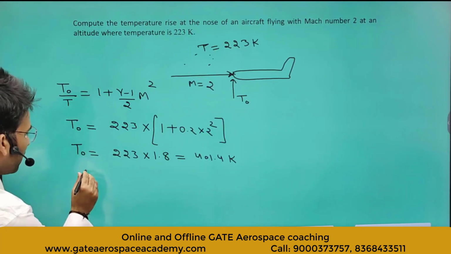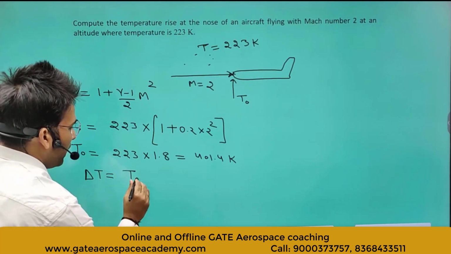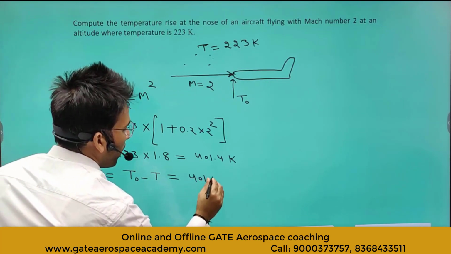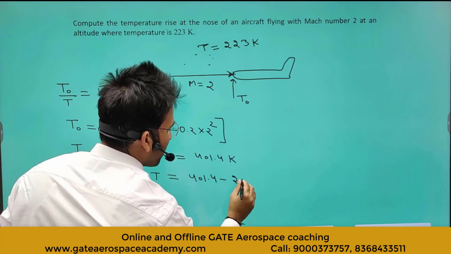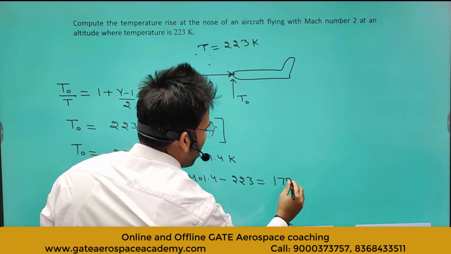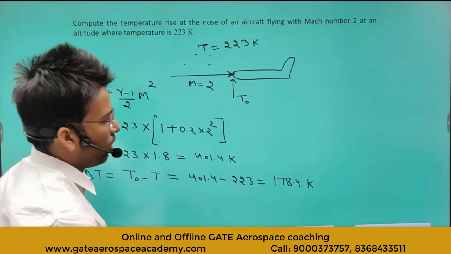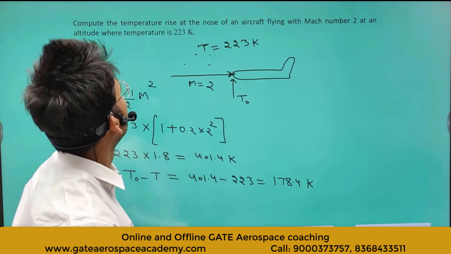So they are asking temperature rise, delta T. So delta T is equal to T naught minus T, that is 401.4 minus 223, that is 178.4 Kelvin. So at nose, this will be the increase in temperature, right?